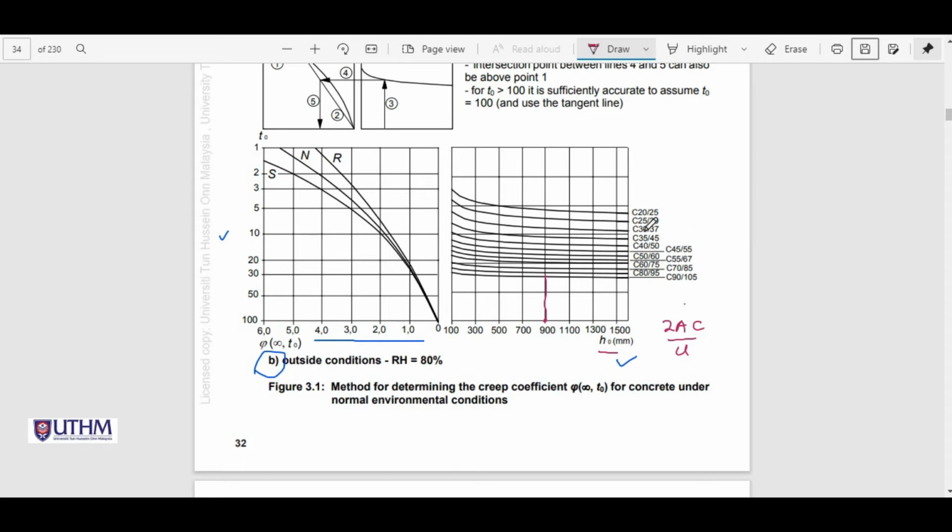For example, stop at 30. So 30 here, and when you stop here, draw a straight line to the left graph and stop at S, N or R. And what is S, N and R? S, N and R are the classes of cement.